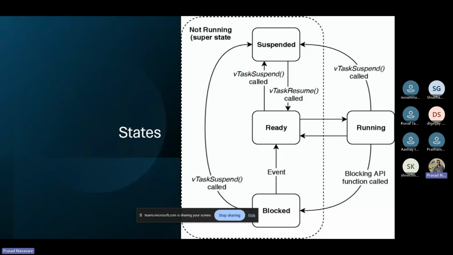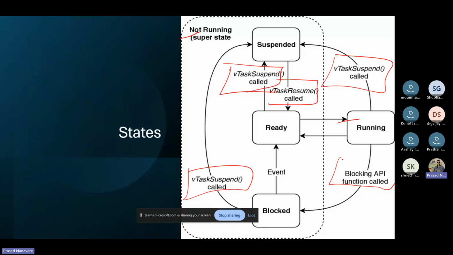Then the different states of the tasks. It could be running or not running, and we've seen how a task can travel from one state to another, and what functions are there to move a task between states.